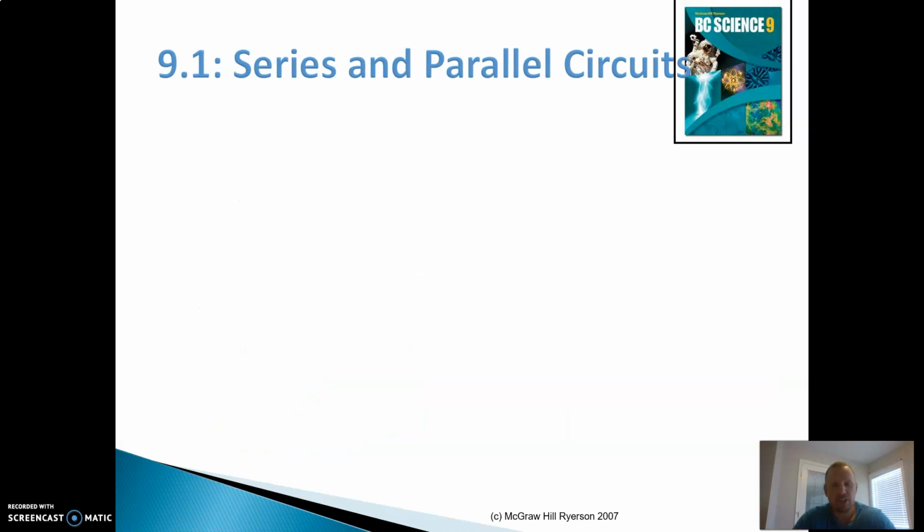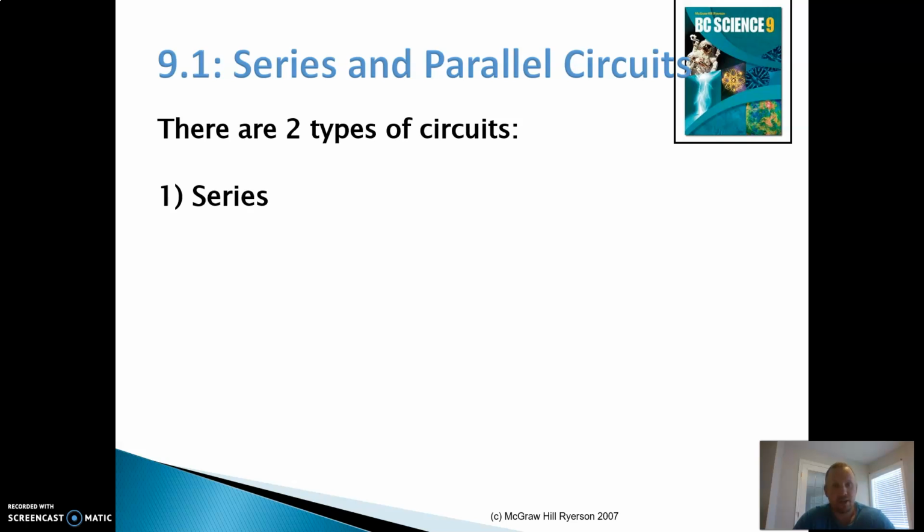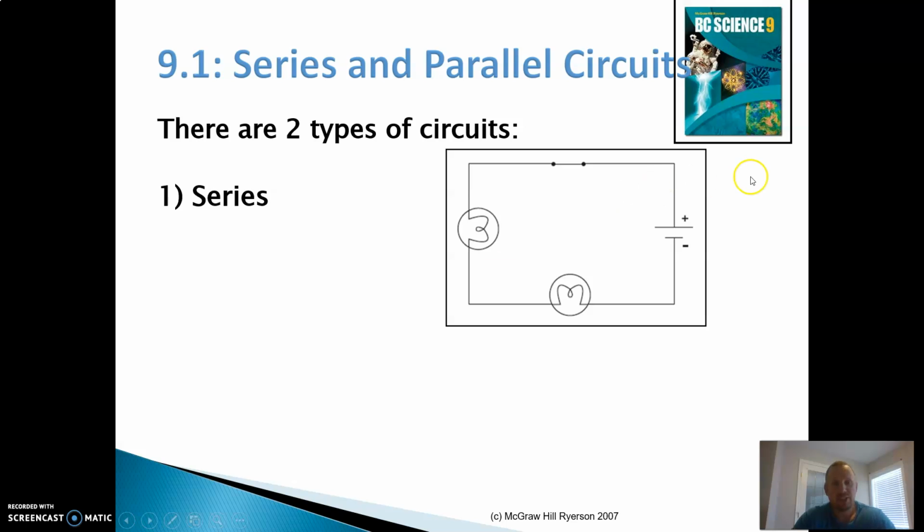But what we're going to spend most of our time covering this week are series and parallel circuits. Series circuits are when there's more than one, say, light bulb in a row. So electrons leave the battery, they flow through one light bulb, flow through more light bulbs, and they eventually return to the other side of the battery.